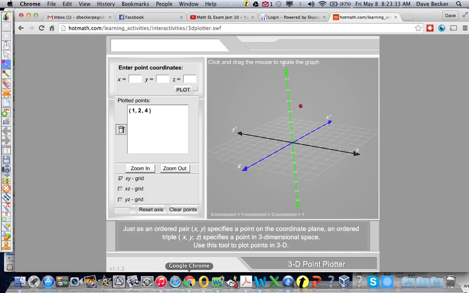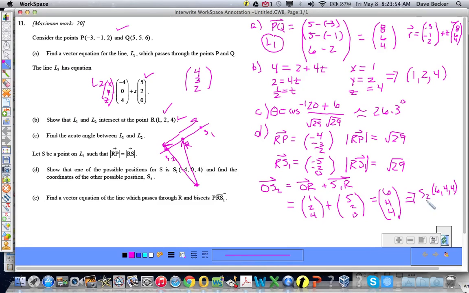So let's go back. (-4, 0, 4), plot. There she blows. Okay, so this is R, this is S sub 1, so we should expect S2 to be over here. And what did we get for S2? (6, 4, 4). Okay, so let's take a look.